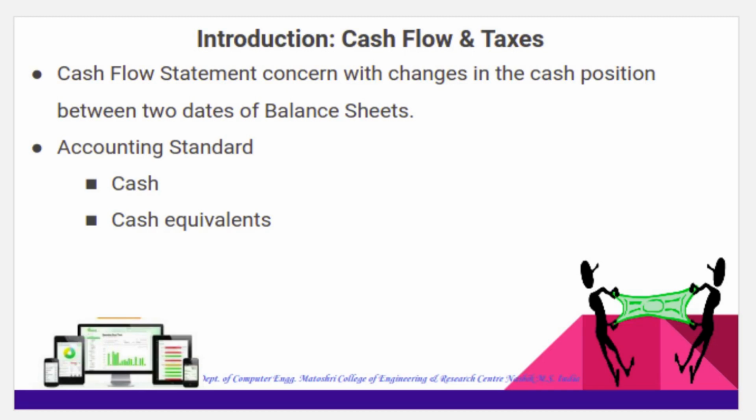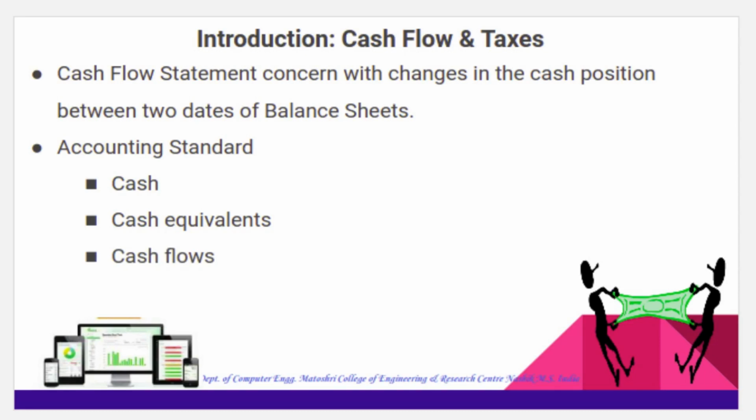Therefore, an investment normally qualifies as a cash equivalent only when it has a short maturity of 3 months or less. Then cash flow.